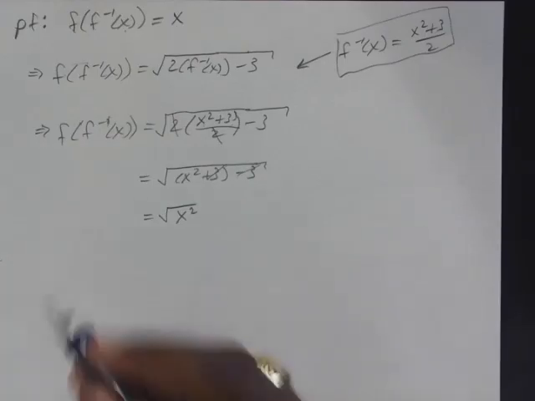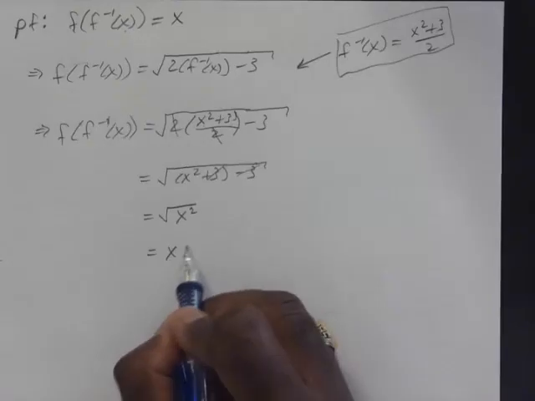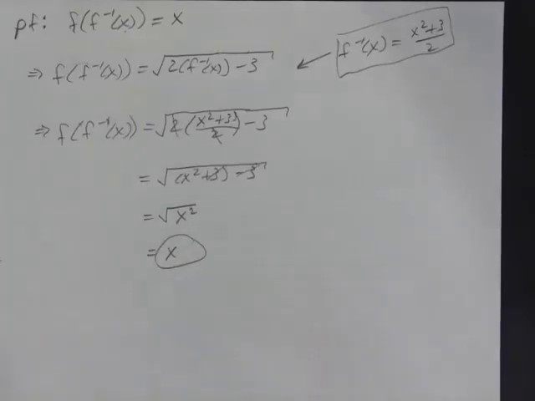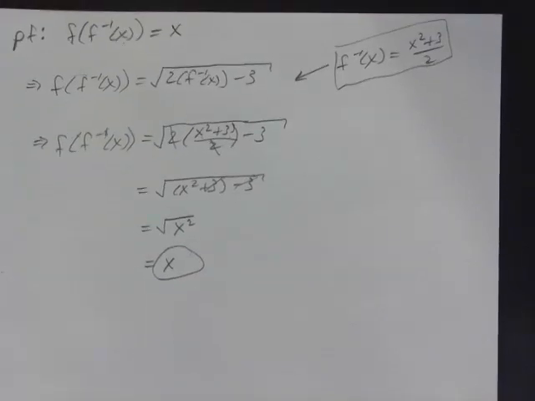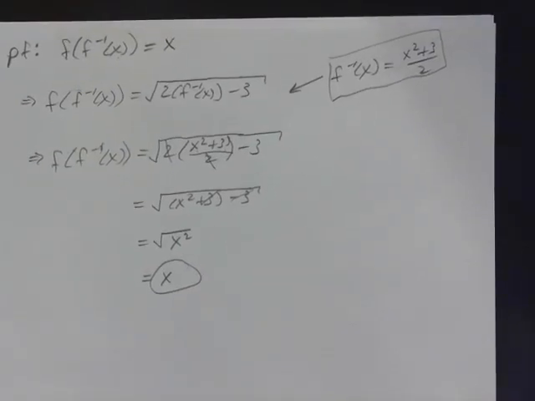And the square and the square root cancels out, leaving us with just x. So we know the compound function is always equal to whatever your argument is, which is x. Right?